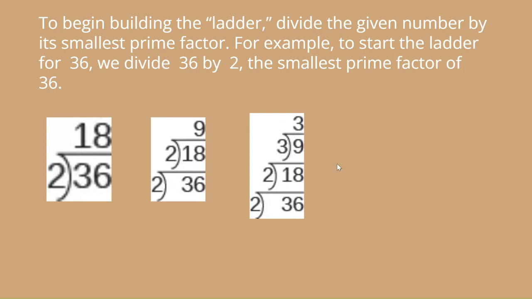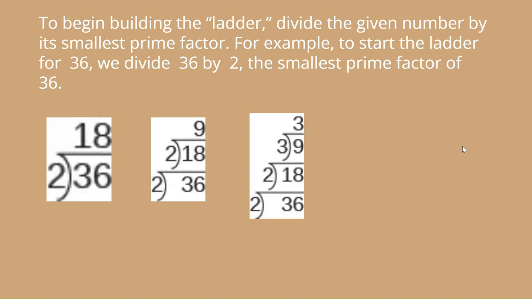Okay, actually it's pretty easy because you already found the factors of 36. We know that 72 is 36 times 2. So the answer will be 2 times 2 times 2 times 3 times 3.